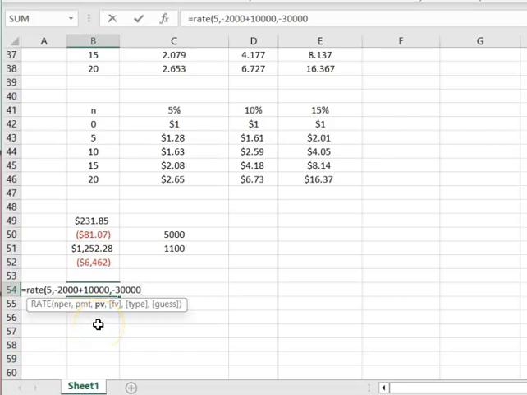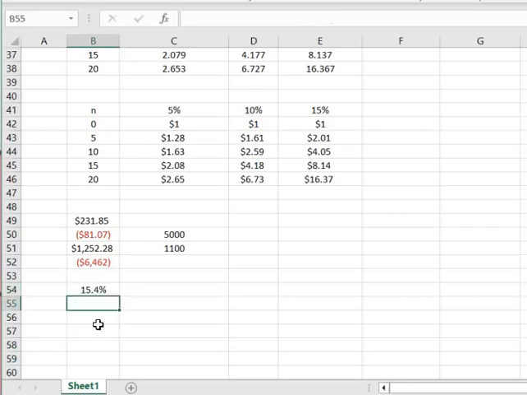So $30,000, and FV, future value, the salvage value, at the end you are going to get $7,000. And that's it. When you have this and you click, it tells you this investment return is 15.4%. So what does it mean?